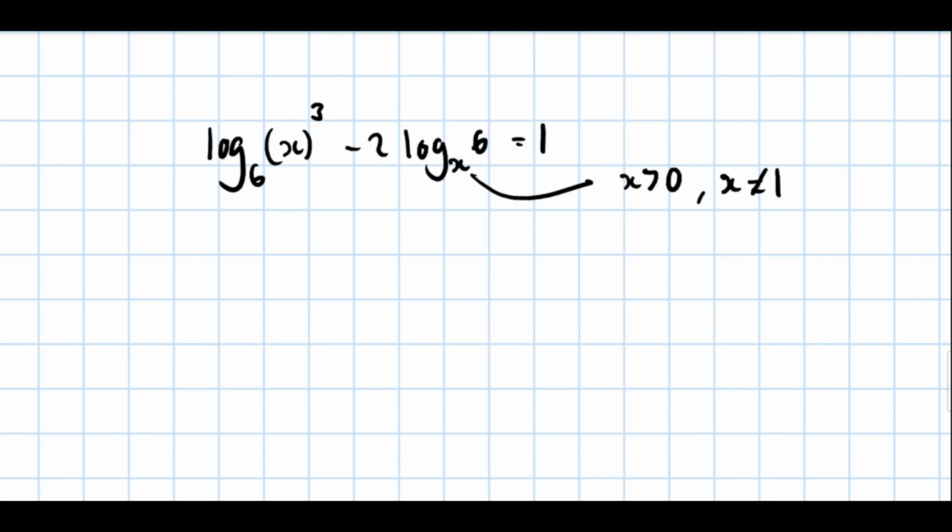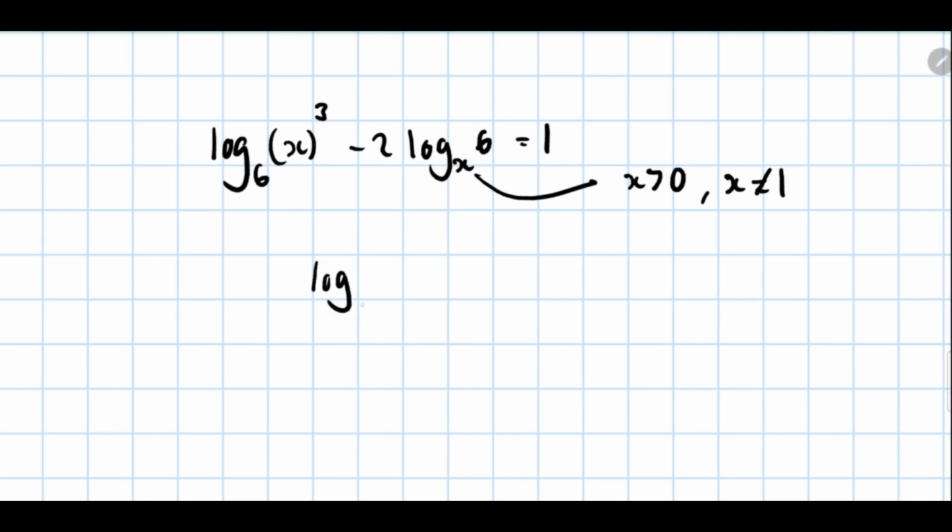Alright. So what we're going to do is talk about another property of logarithms, which is changing the base of log. I'm going to give you a general example. Let's say we have log of b base a.